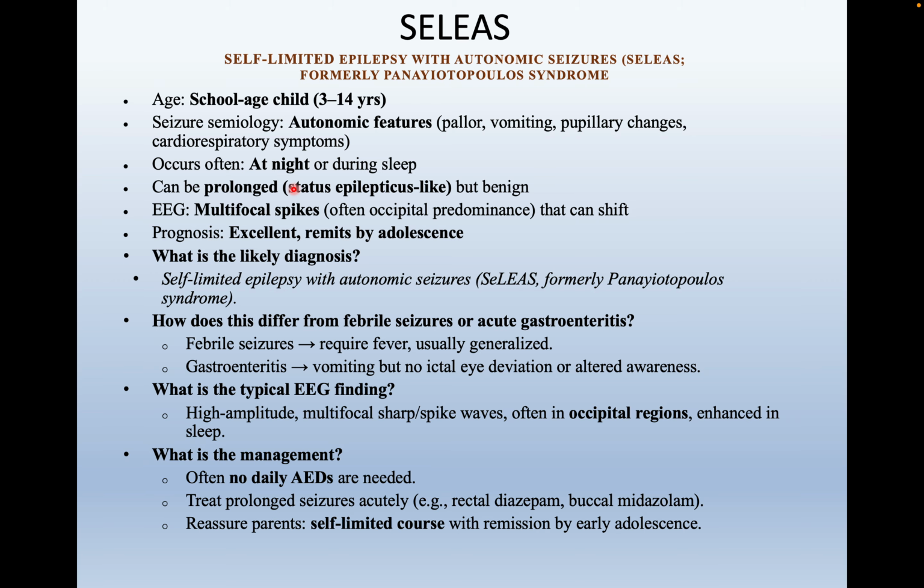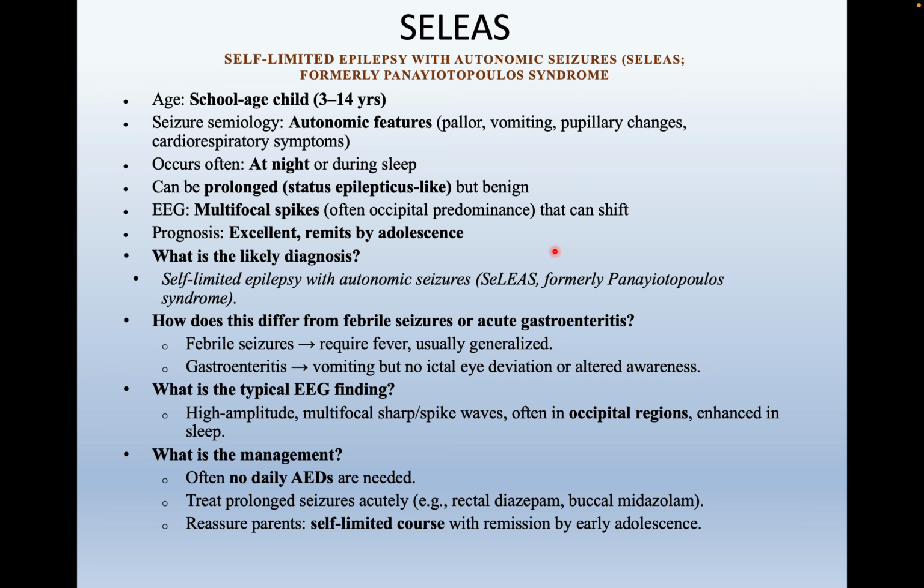It could be prolonged, about 20 to 30 minutes, which looks like status epilepticus, but it is a benign one. And the EEG is multifocal, often with occipital predominance that can shift later.